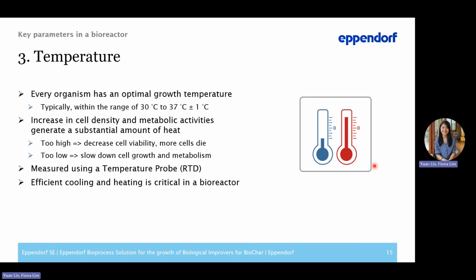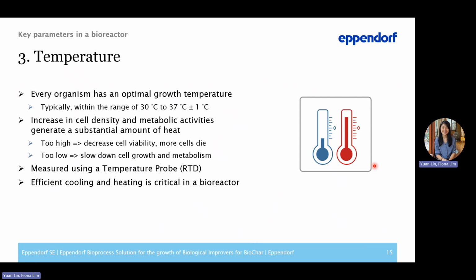And if this heat is generated in such a substantial amount and is too high in a short amount of time, it would end up causing the cells to die because the cells will start to feel really hot, just like human beings. We can't survive in a long-term hot environment. Some of us might get heat stroke without drinking water, for example.